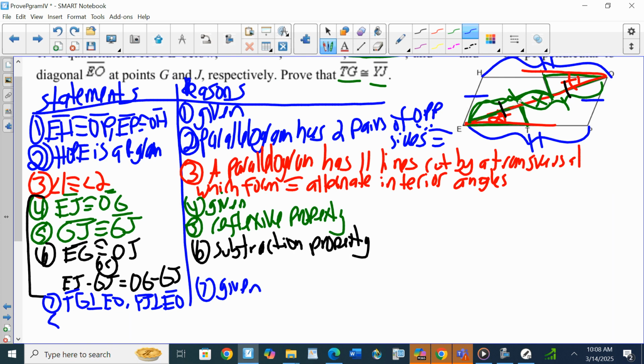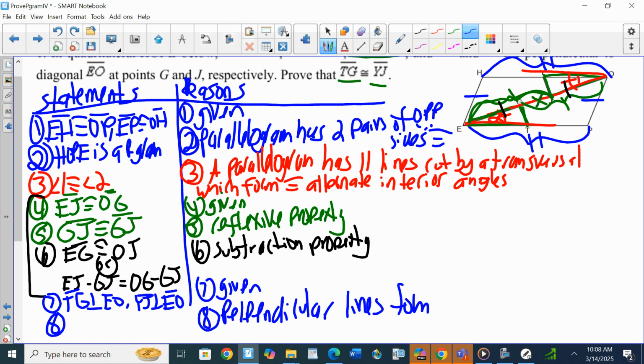So now I do a mini proof of that. Perpendicular, expect to see perpendicular lines form congruent right angles. So I'm looking for TG and EO.